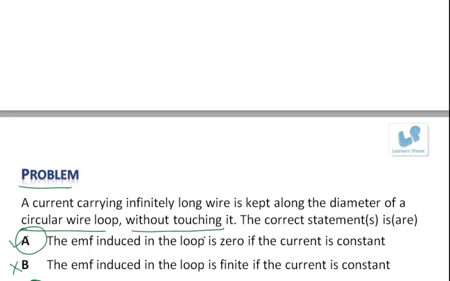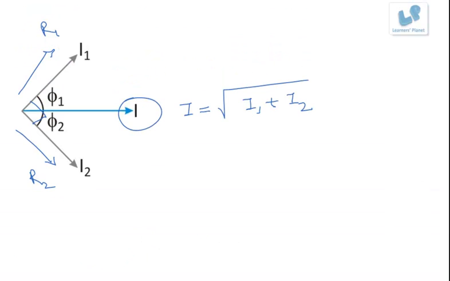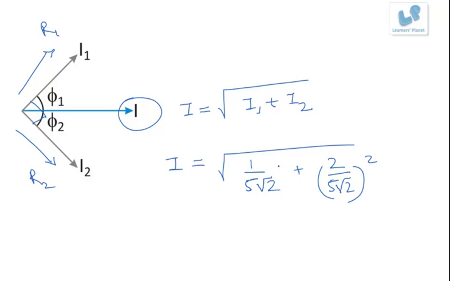Okay, now this value of current I, that is flowing from the AC source, will be given by under root of (1 by 5 root 2) squared plus (2 upon 5 root 2) squared.